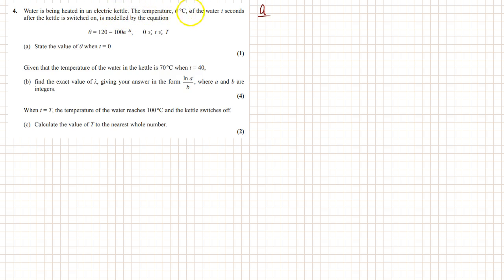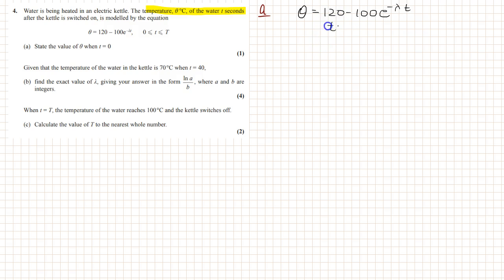The temperature theta degree centigrade of water at t seconds after the kettle is switched on is modeled by the equation theta is equal to 120 minus 100 e to the power minus lambda t, where t is from 0 to capital T. State the value of theta when t is equal to 0.